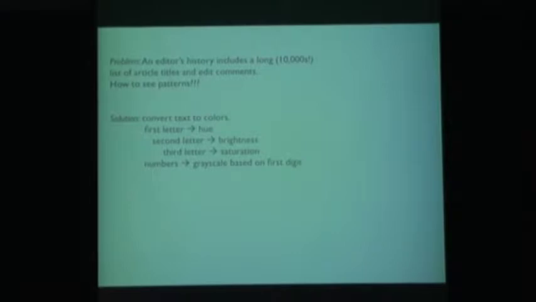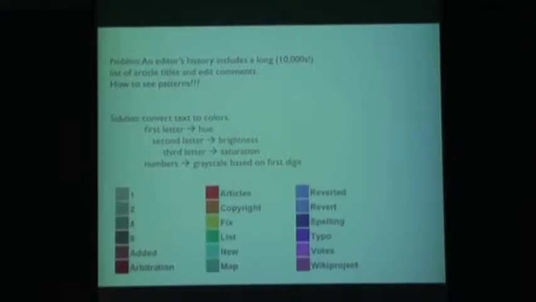So we basically mapped the alphabet to the spectrum of colors. Any words that start with A tend to be in the reddish zone, because that's the beginning of the rainbow, and then all the way to the end of the alphabet, words that start with W or Z would look sort of purplish. And any numbers would look gray, because we're not assigning hues to those.